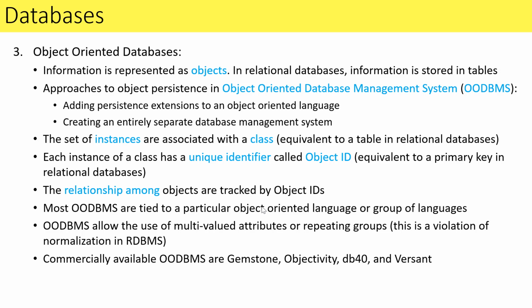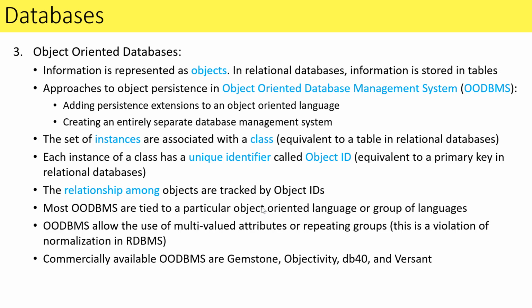And as I mentioned, they are mainly linked to the language. For example, if you are creating a Java program, then that object-oriented database management system should make sure that it supports Java, and of course the Java program will create this type of database, usually creating the mapping automatically.